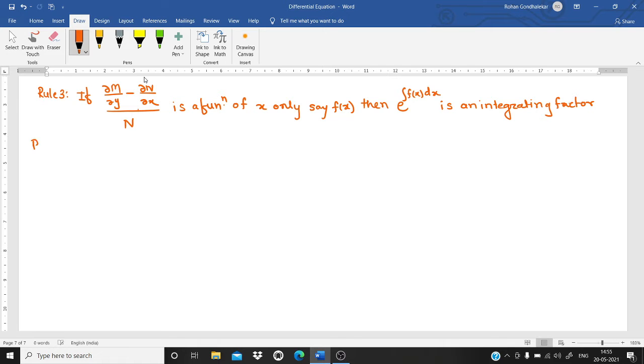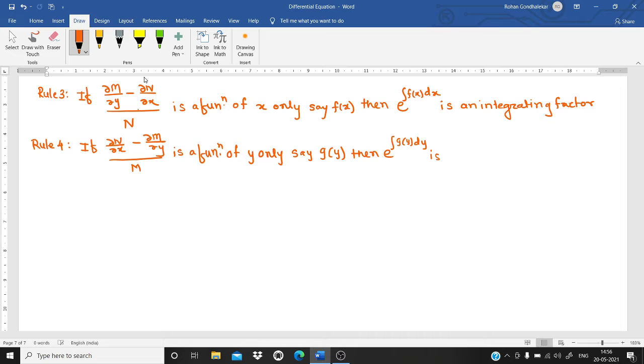Now what is rule number 4? Rule number 4 is exactly on similar lines. If (∂N/∂x minus ∂M/∂y) whole divided by M is a function of y only, say g of y, then e raised to integral g of y dy is an integrating factor.